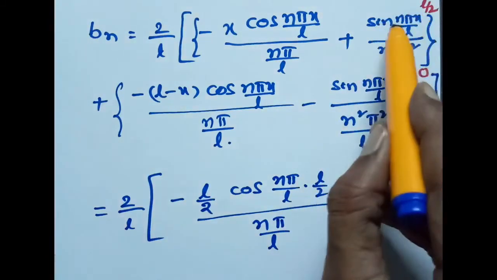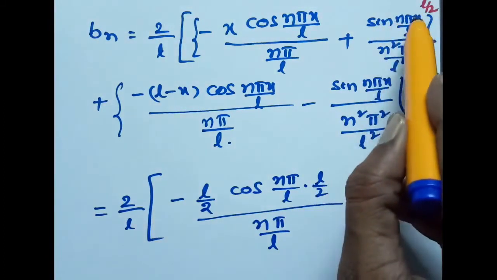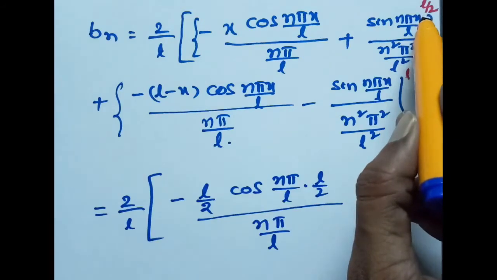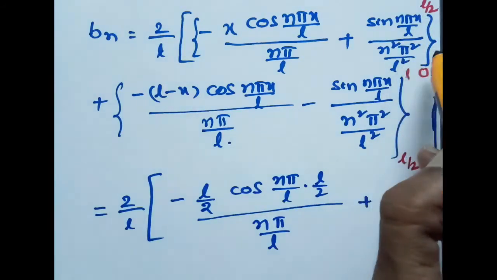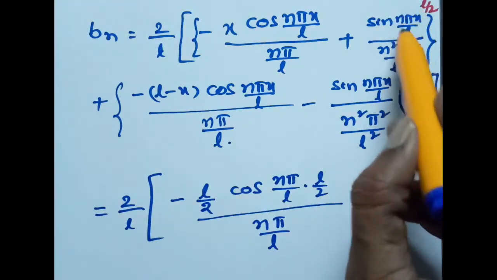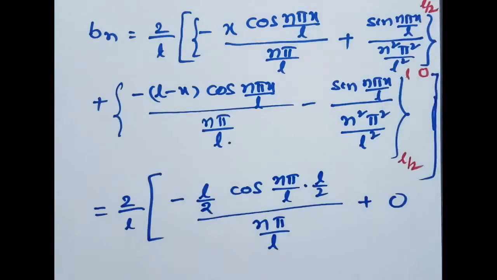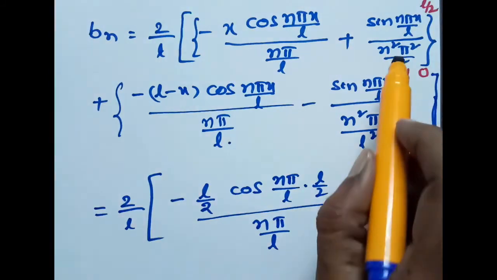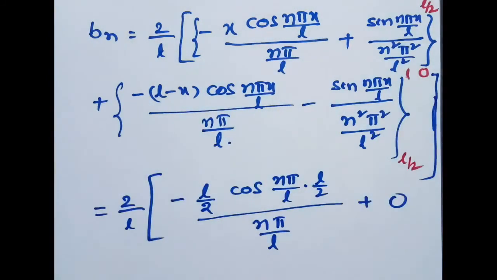Next, here upper limit sin(n pi by L into L by 2) by (n square pi square by L square), minus lower limit sin of 0, 0. So therefore the second term is 0.